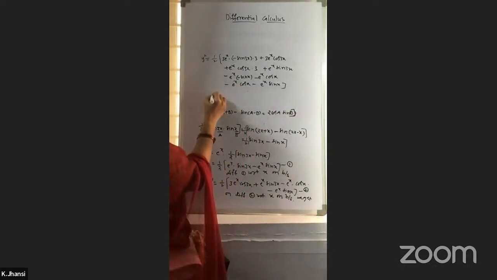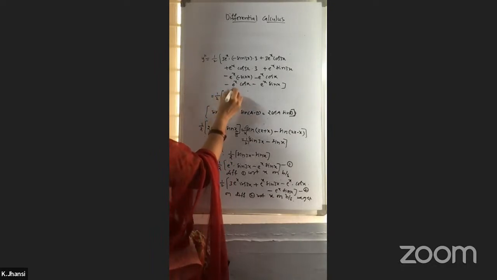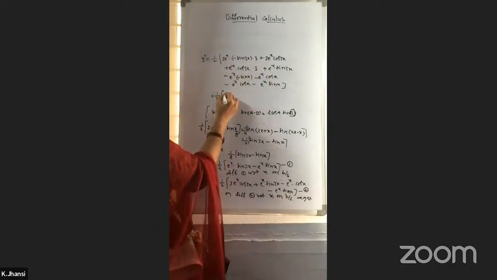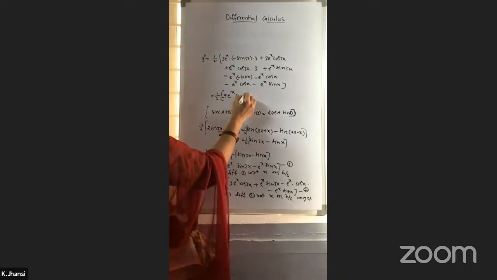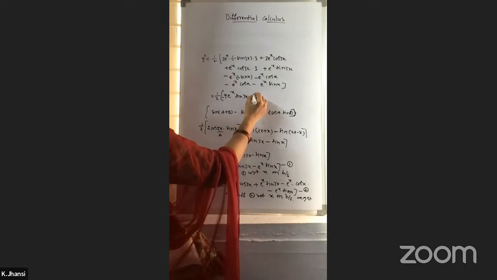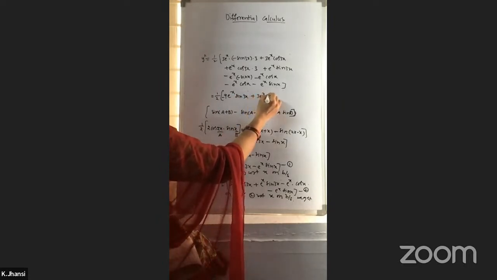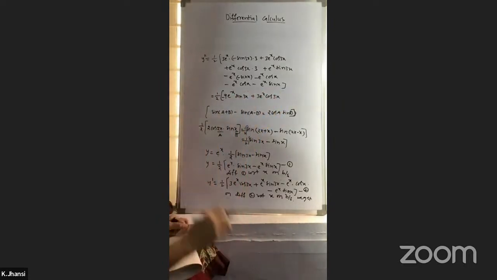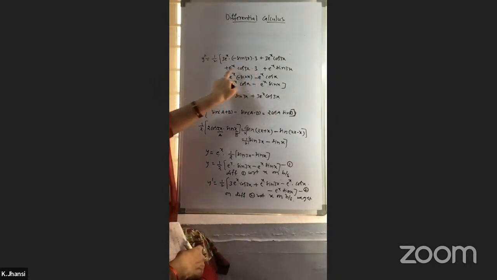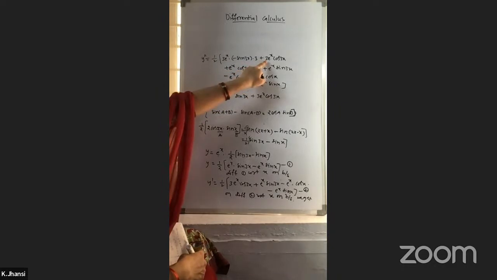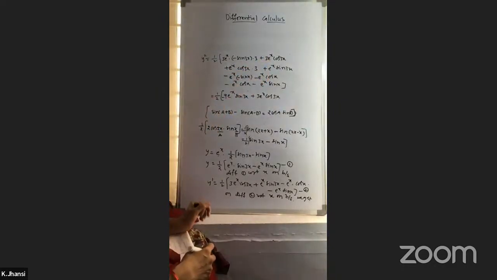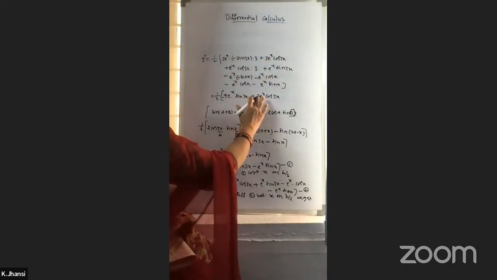So it is equal to 1 by 2. This is 3 3s are 9 e power x sin 3x, minus sin 3x plus 3 e power x cos 3x. So here 3 e power x cos 3x is there. Here also 3 e power x cos x is there. 3 plus 3 means here 6 you will get.